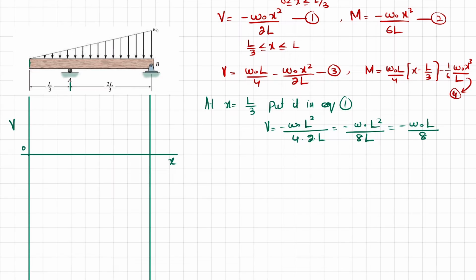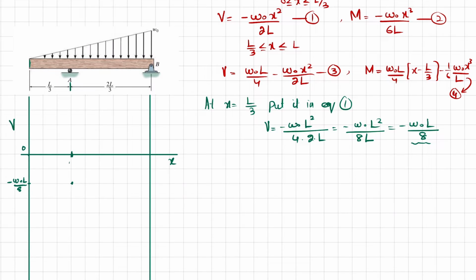So at x equal to L by 3, this distance will be L by 3, and this is the minus value W naught L over 18. So you will get this point.